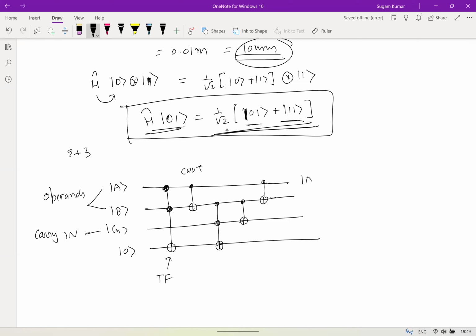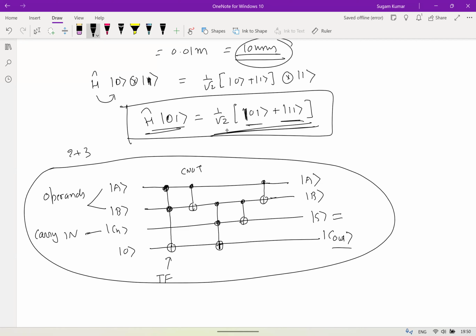And then this is the output you're going to get. Here is the sum, and this is going to be the carry out. So carry in and carry out will be here, and this is the number you're going to finally get. So this is the actual circuit diagram, called the quantum circuit, which is equivalent to a full adder.